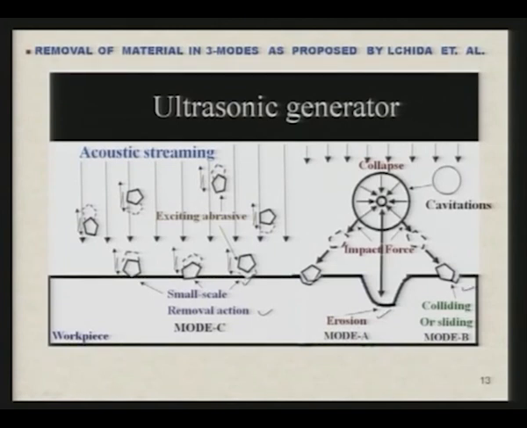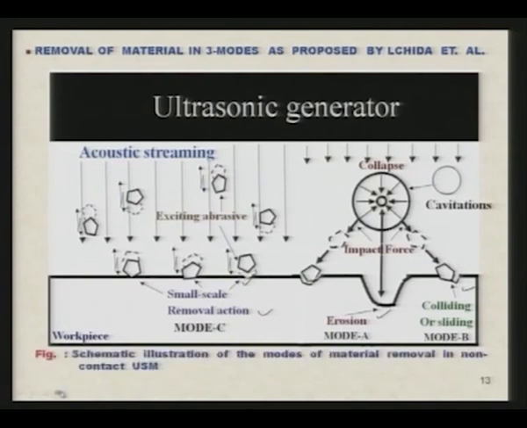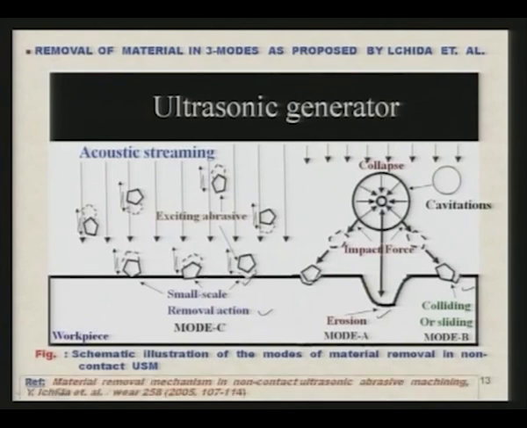Now, you can clearly see the cavitation process also contributes to the removal of the material to some extent, apart from the hitting of the workpiece by direct impact from the tool. This diagram has been taken from the paper by Ishida, titled Material Removal Mechanism in Non-Contact Ultrasonic Abrasive Machining, published in the International Journal of Wear.